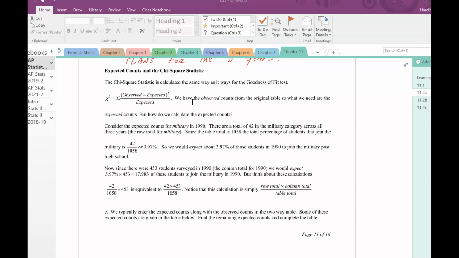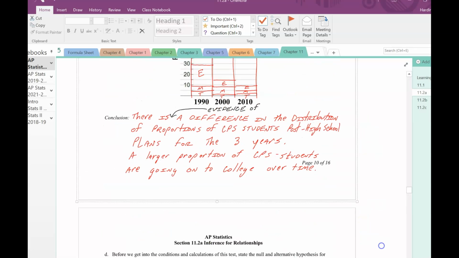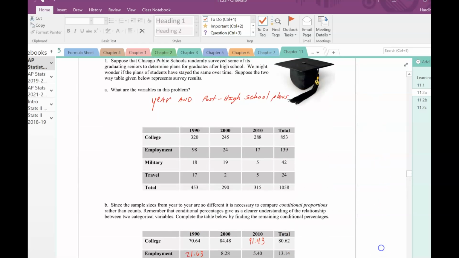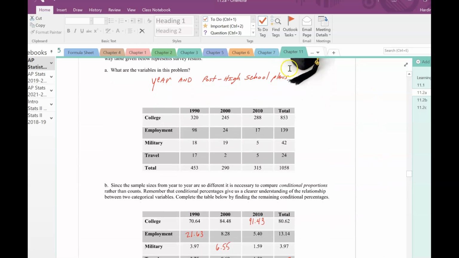So if we look at just the military for 1990, it says consider the expected counts for military 1990. There are a total of 42 in the military category across all 3 years. Let me just scroll back up there for you so you can see what I'm talking about. So we're looking at the military category. Overall, there were 42 students in those 3 populations that went into the military.